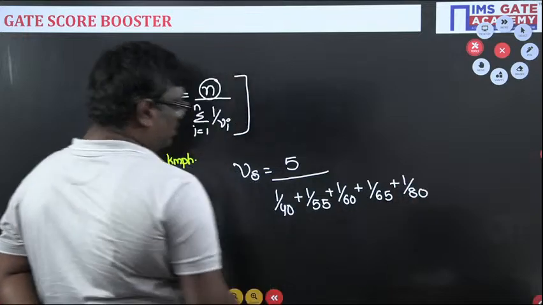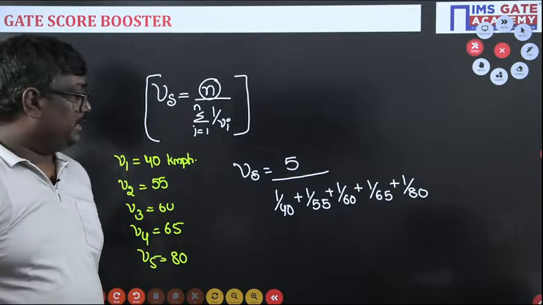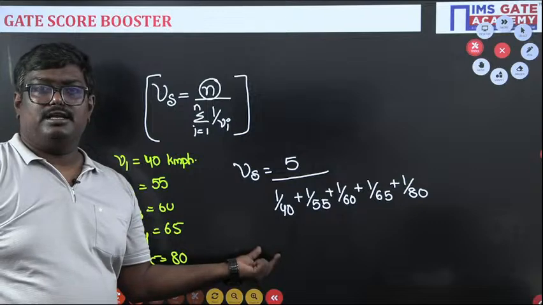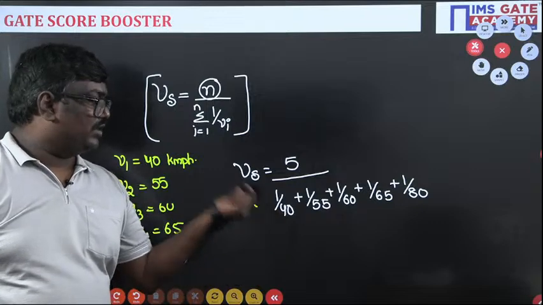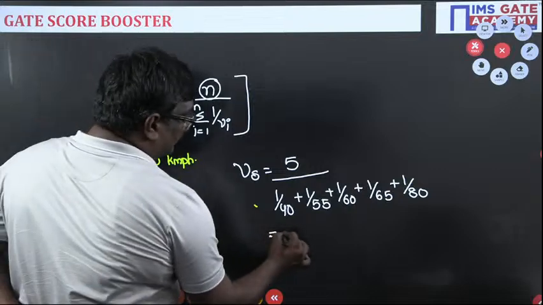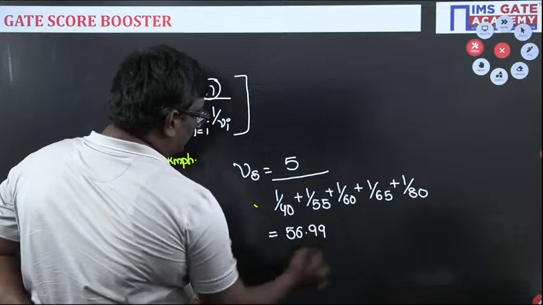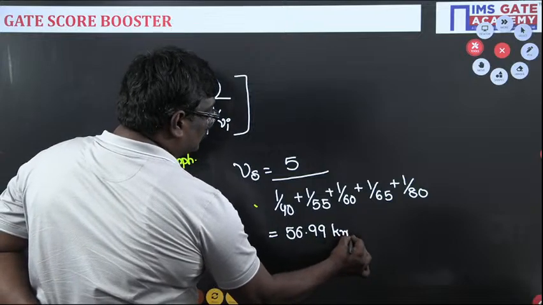Yes or no, students? Am I clear or not? So 1 by 40 you can write as 0.025. If you solve these things, students, you will get space mean speed equal to 56.99 km per hour.